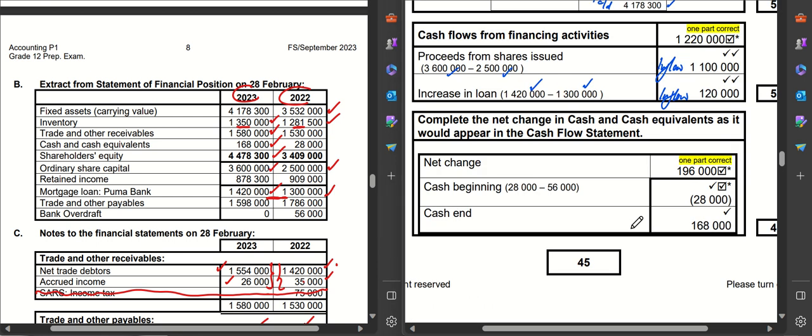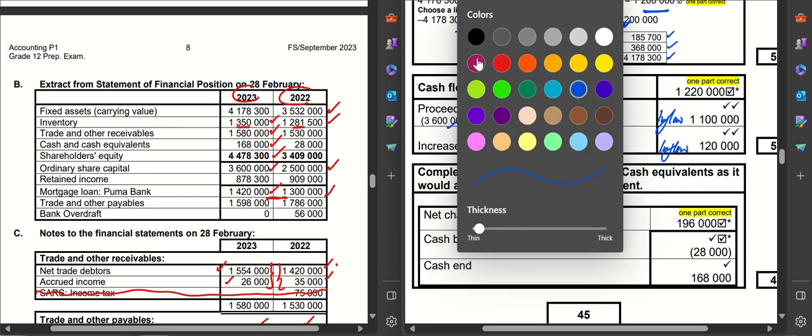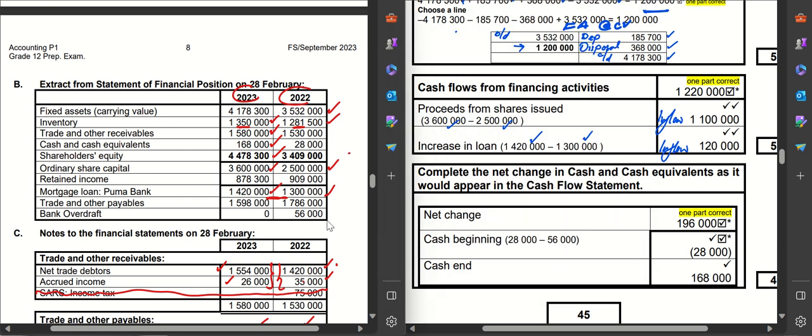All right. Let's see the net change in cash and cash equivalents. I think you remember that in the Eastern Cape paper they had something of this nature as well. Let's see what they were trying to test here. They still brought us the bank overdraft, exactly as what we saw in the Eastern Cape.